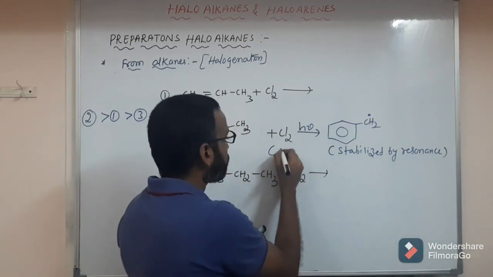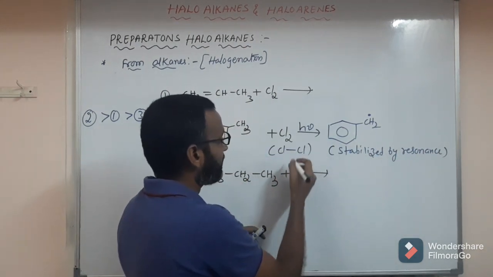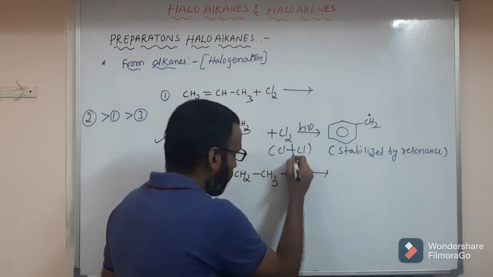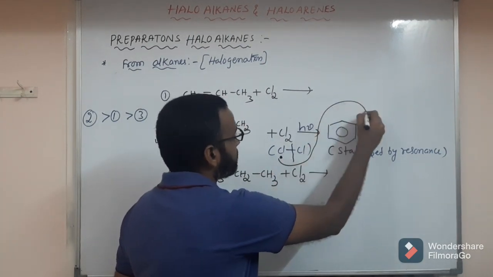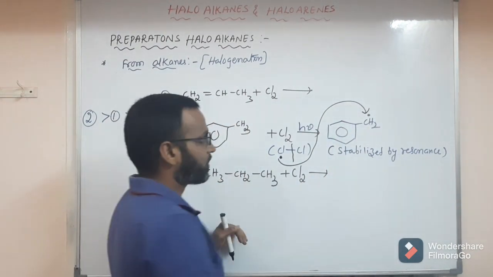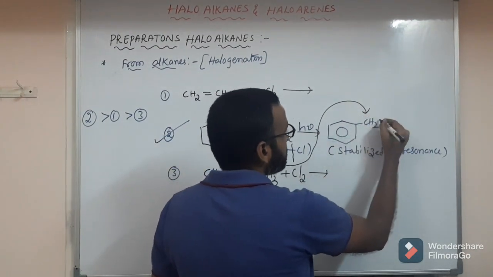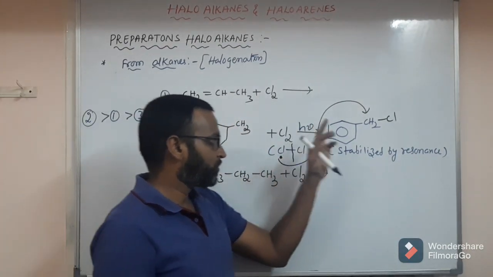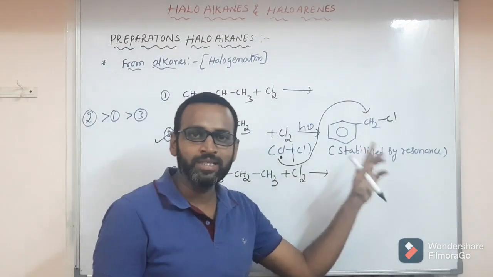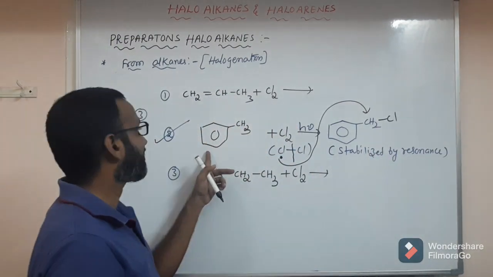Afterwards Cl2 is there, no? By homolytic cleavage this will break equally. So Cl dot will add on this, and you get C6H5CH2Cl. Due to the formation of the stable benzyl free radical, this can react fast.